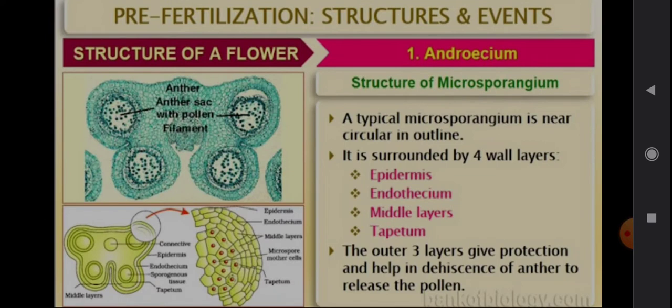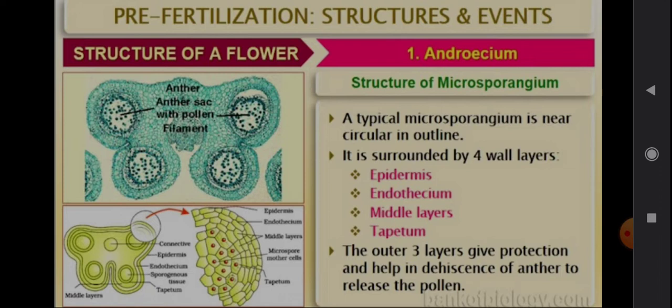Now the structure of the microsporangia. It has a circular outline. It has four layers: epidermis, endothecium, middle layers, and next the tapetum. The first three layers give protection and help the dehiscence of the anther to release the pollen. It means the pollen grains present might burst out and go out.